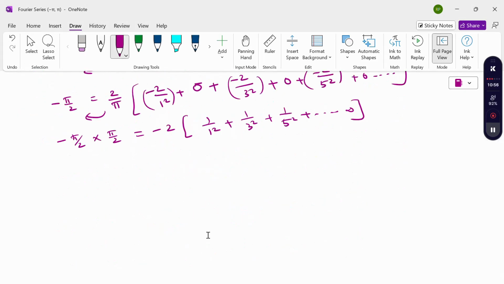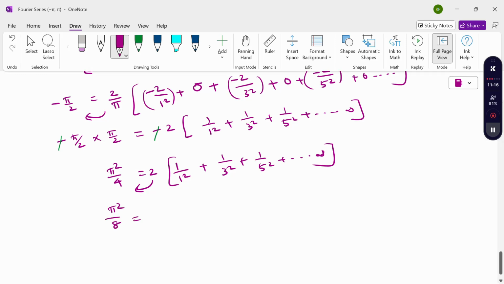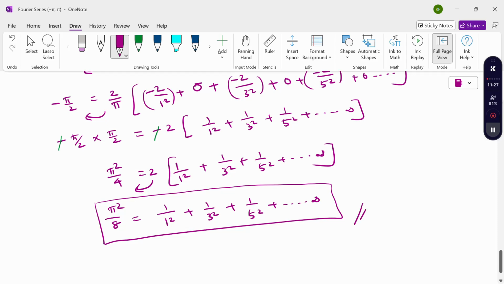So the minus cancels, and then pi square by 4 equals 2 times that, and then when this 2 is shifted to the left hand side, pi square by 8 equals 1 by 1 square plus 1 by 3 square plus 1 by 5 square and so on. So this is the final answer. Thank you.